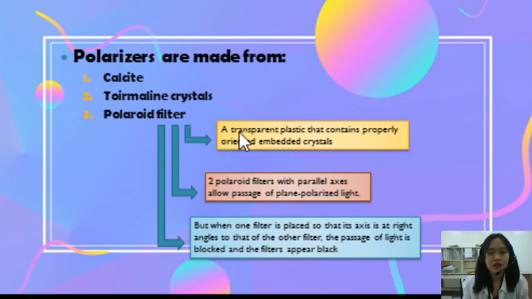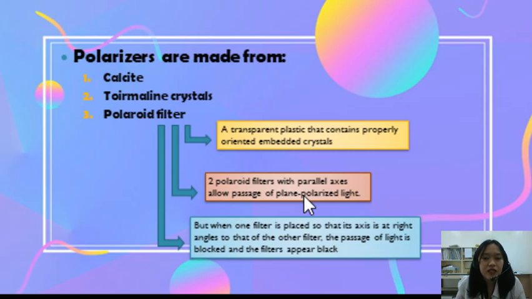So, your Polaroid filter is a transparent plastic that contains properly oriented embedded crystals. So, two Polaroid filters with parallel axis allow passage of plane polarized light. So, actually, kailangan mo ng dalawang Polaroid filters to produce a plane polarized light. One in the beginning and then another one at the end.